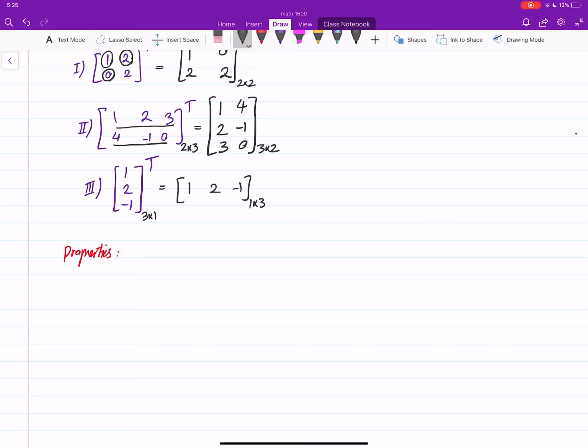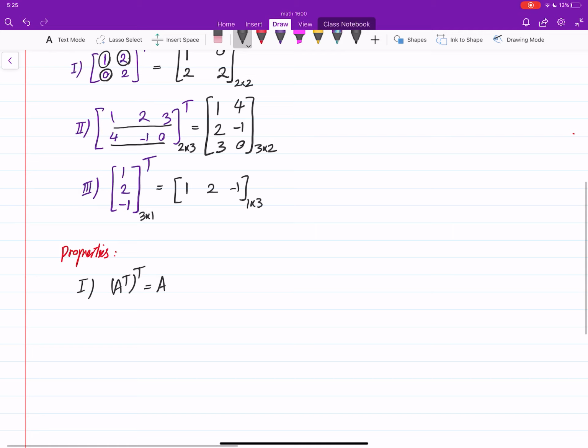First property says that the transpose of the transpose is the original matrix. If you first turn rows to columns, then do this again, turning the rows back to the columns, you will get back A itself.